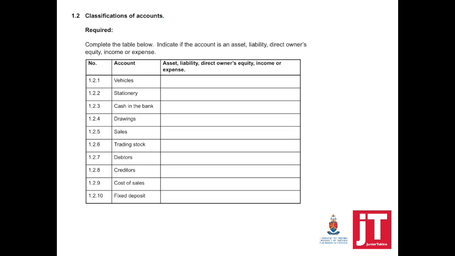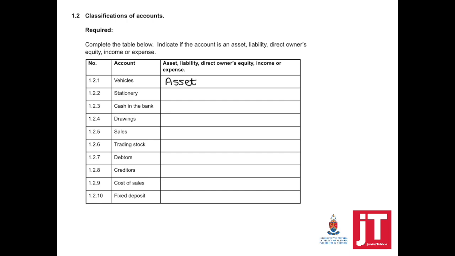Question 1.2 is classifications of accounts, and I'm going to emphasize again, if you're not able to classify accounts correctly, then you will find the accounting challenging. So make sure that you study these basics consistently. Vehicles is regarded as a non-current asset. You didn't need to identify if it's current, short-term or long-term, non-current.